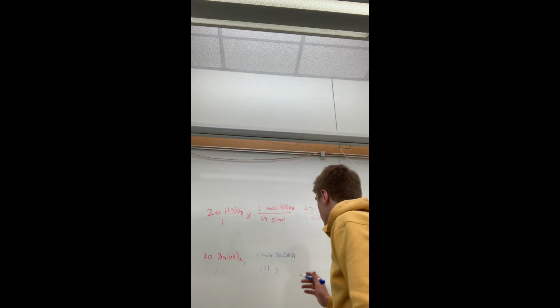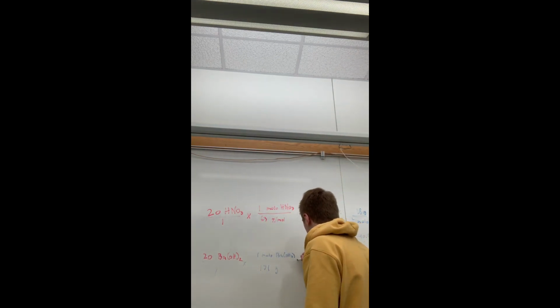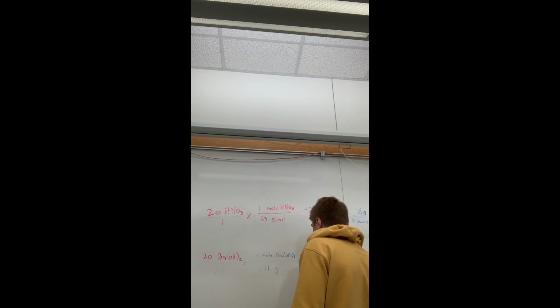Now, as we did on the last one, we're going to try to convert it to a product. So we're going to go here, and we're going to put it over 2 moles of H2O over 1 mole Ba(OH)2.